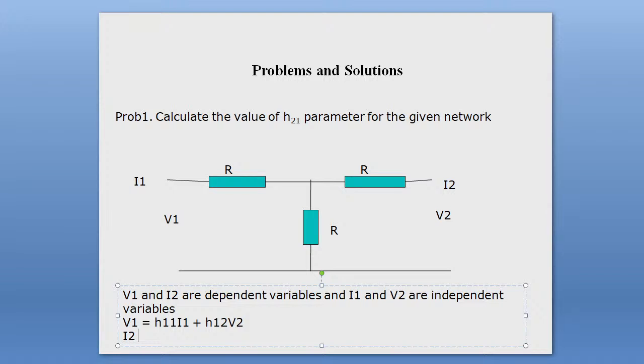I2 equal to, we can write H21 I1 plus H22 V2. This is the network equation.